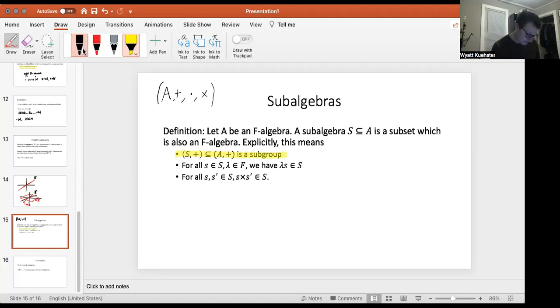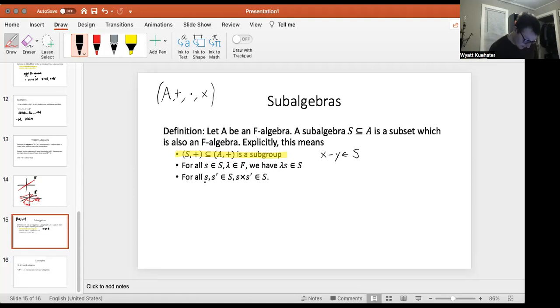So if X and Y are elements of my subalgebra, then X minus Y has to be in S. And then I also have lambda s in S for all s in S, so it has to be closed under scalar multiplication by elements of F.